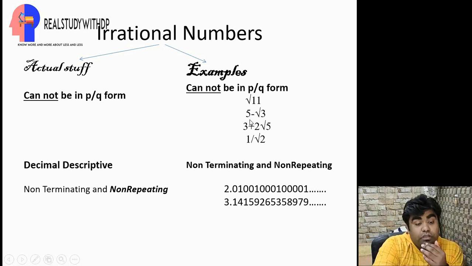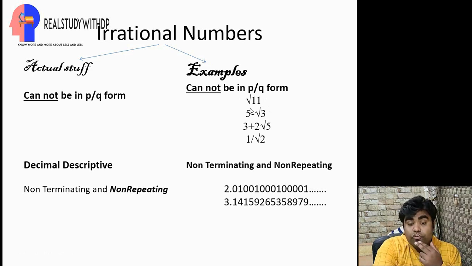As far as the decimal form, what are the examples? Say square root of 11. All right, we can't say square root of negative 11. If I say square root of negative 11, it will become a complex number, because the square root of a negative makes iota, and that iota is the part which makes any number a complex number.